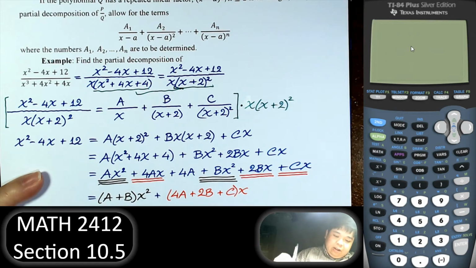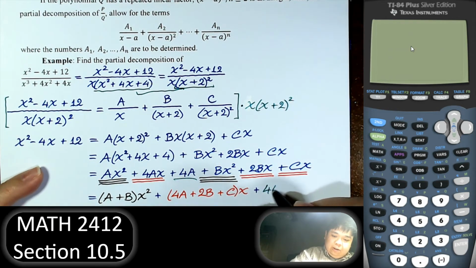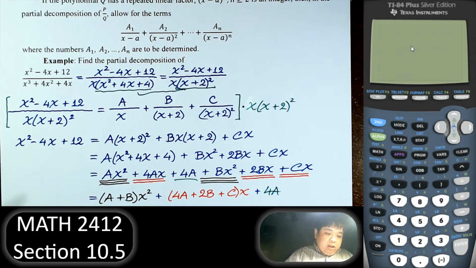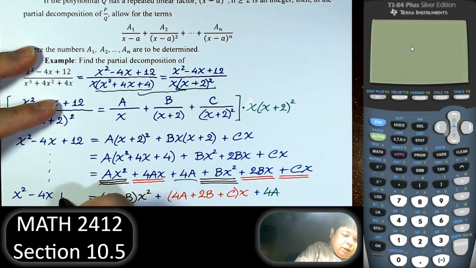And 4A left by itself. On the other side, we still have x squared minus 4x plus 12.